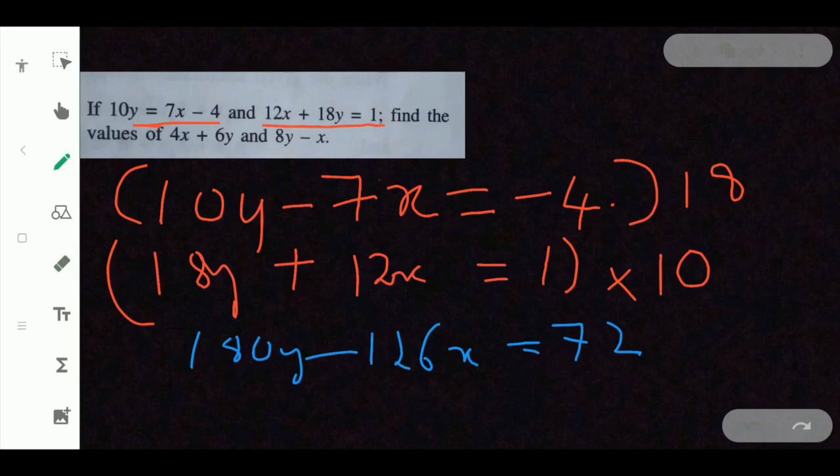And the next one, same 180y plus 120x, which is equal to 10 ones 10.